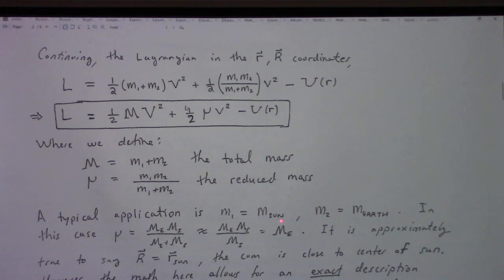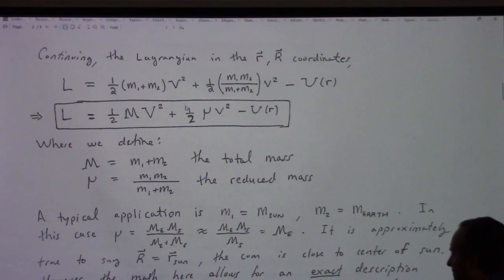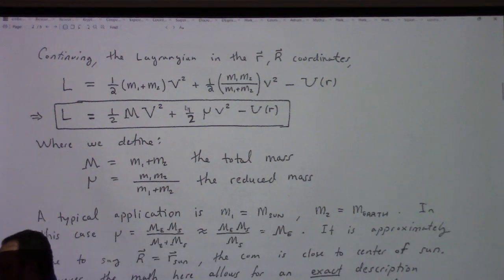So, like I said, I switched the M2 and the M1 for my discussion. Sorry about that. So if M1 is the sun and M2 is the earth, then the reduced mass just becomes the mass of the earth. Oh yeah, the smaller one. So, okay, anyway. Typically I think of the center of mass as being where the sun is, right?